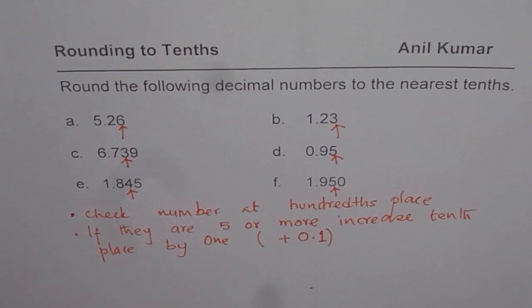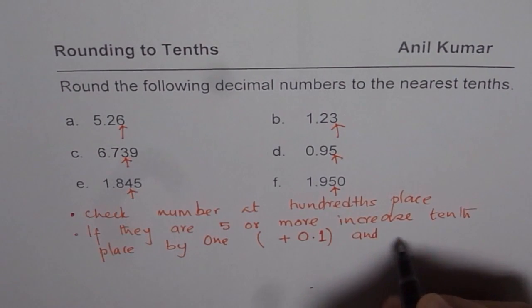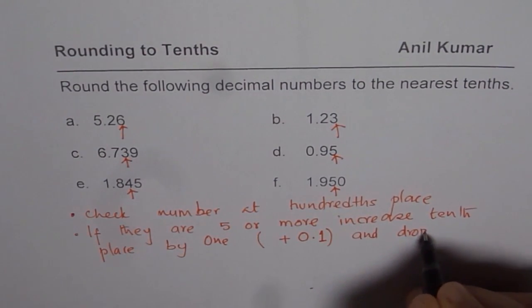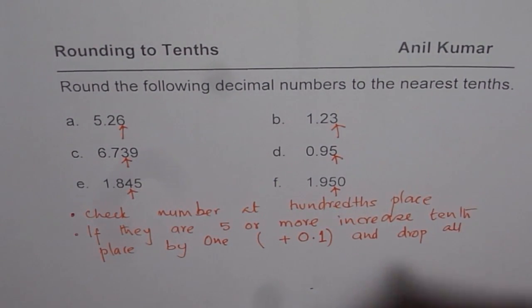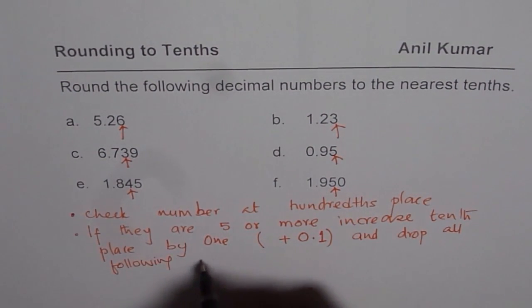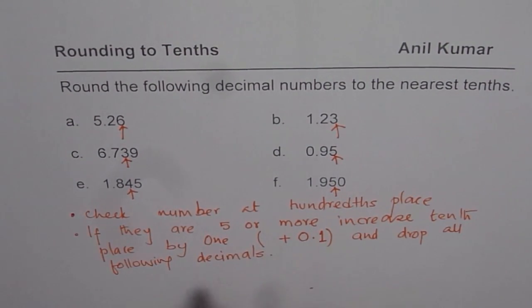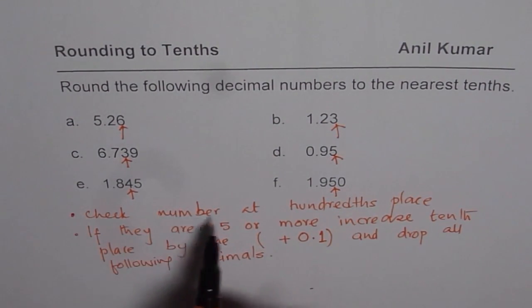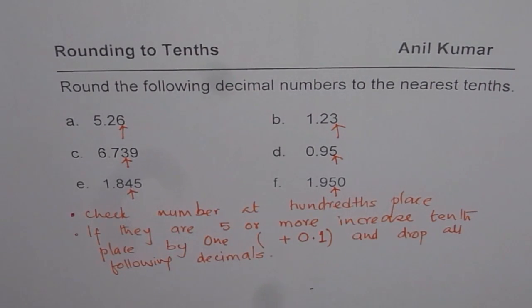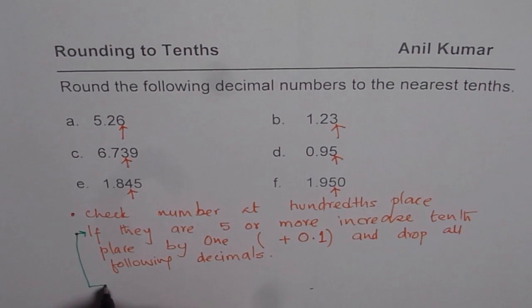You do plus 0.1. Increase the 10th place by 1 and drop all following decimals. And when you check, it could be either 5 or more, or less than 5.